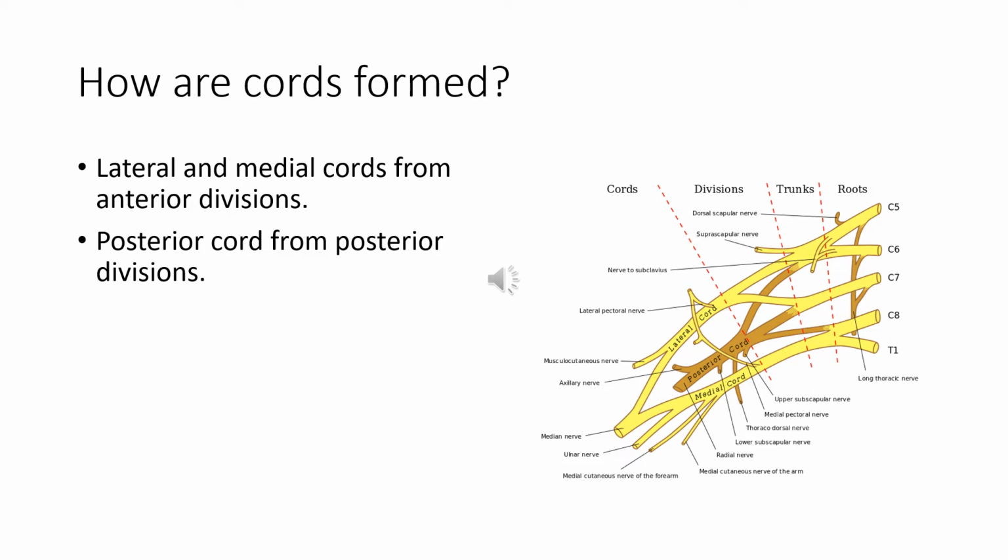So the posterior cord is formed from the posterior divisions of all three trunks, while the lateral cord is formed by anterior divisions of the superior and middle trunk, while the medial cord is a continuation of the anterior division of the inferior trunk. Let us simplify this: the posterior cord is formed from posterior divisions, while the lateral and medial cords are formed from anterior divisions.